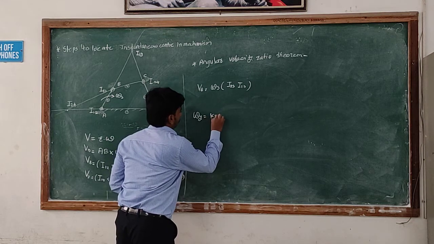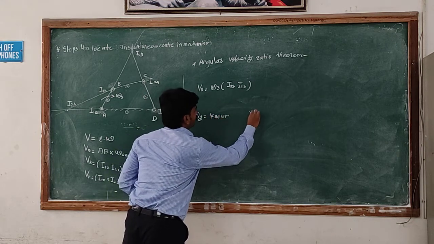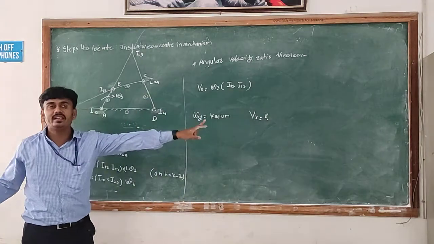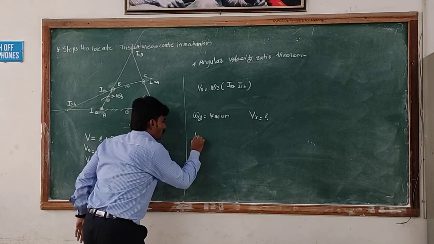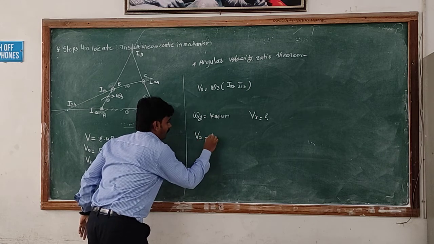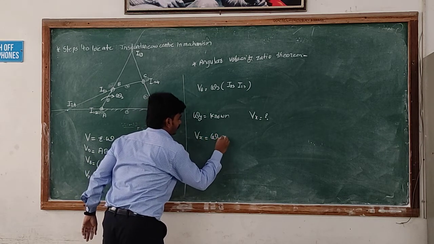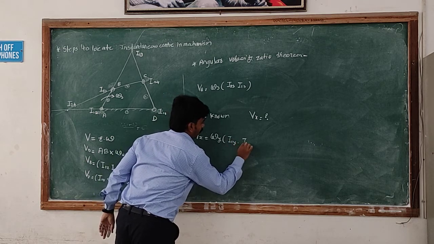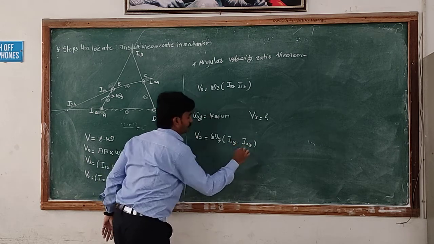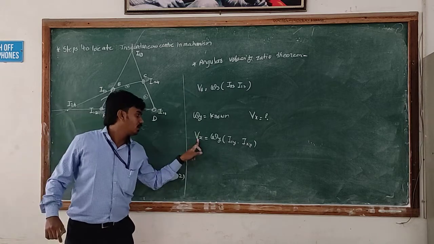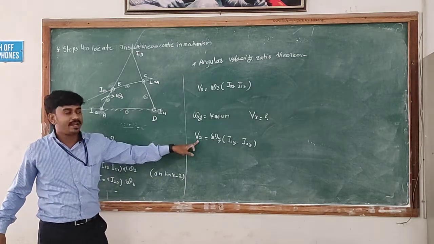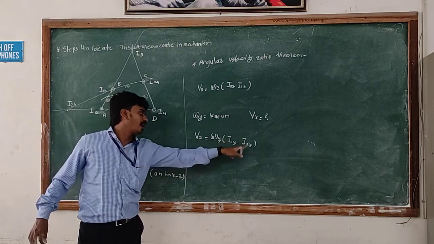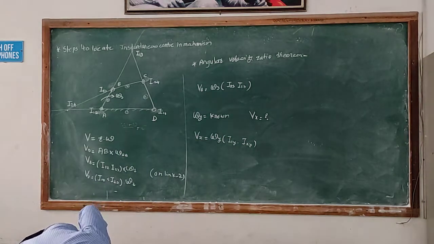This is known, and we have to find the velocity of the link x. So Vx is equal to angular velocity of y into I1y and Ixy.